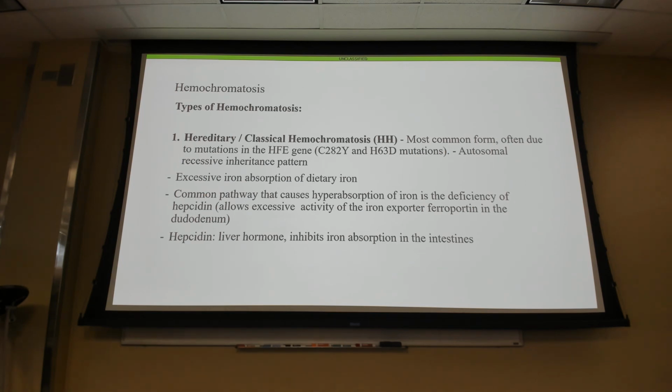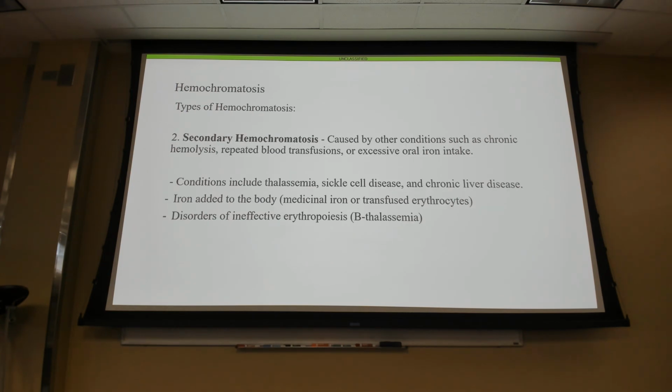Excessive iron absorption. We'll talk about this in a second with your hepcidin. What does your hepcidin do? Is your hepcidin high or low in these disease states? Low, and it's just letting the iron through.